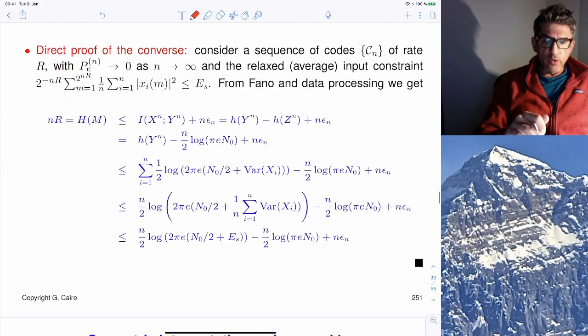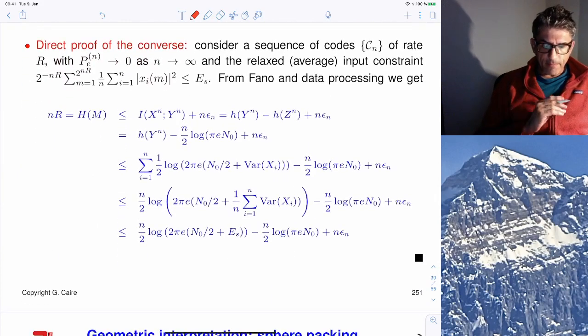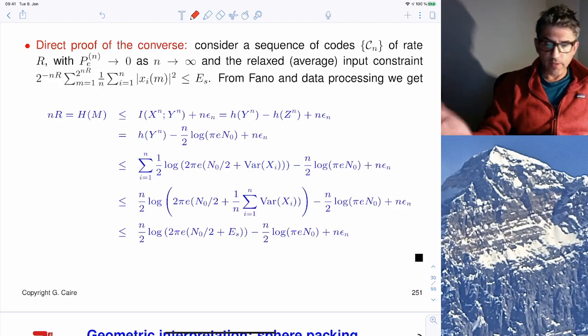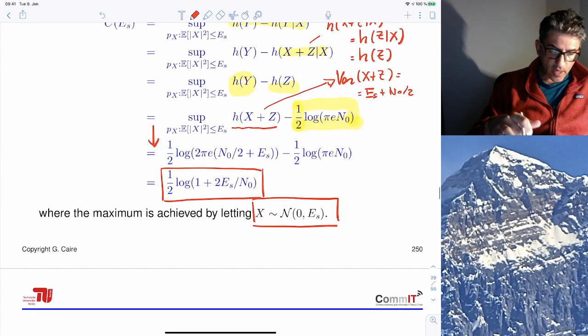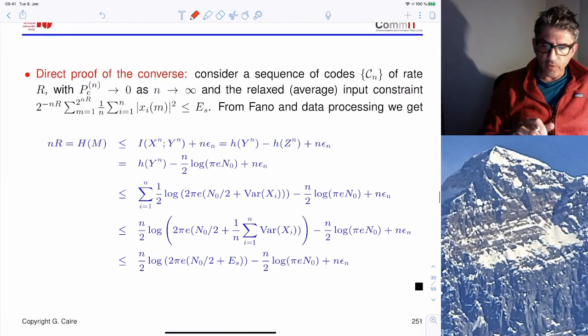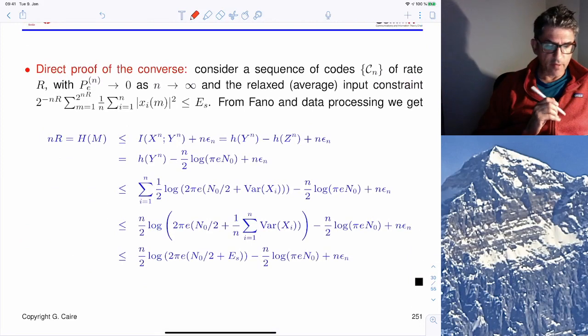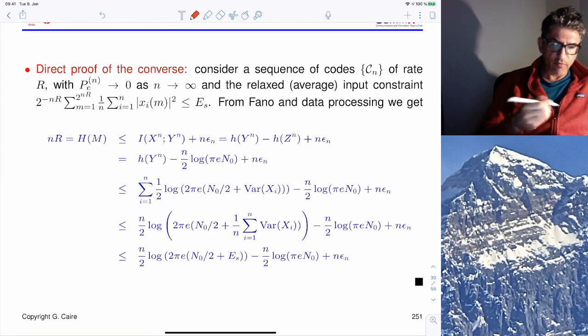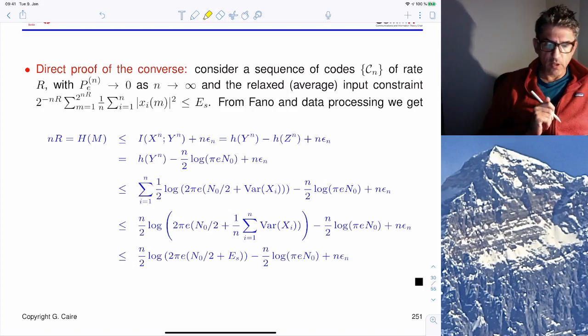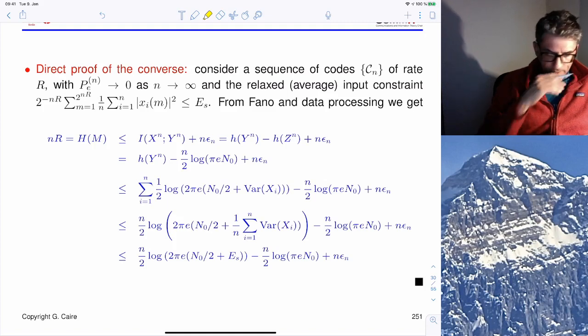We can also amuse ourselves with a direct proof of the converse. A direct proof because, okay, we can use what we already know, this supremum, well, we have already just calculated the supremum is this, so we are done, right? But if we want to, as an exercise, we can have a direct converse based on Fano inequality, and again, the property of entropy maximization of the Gaussian random variable.